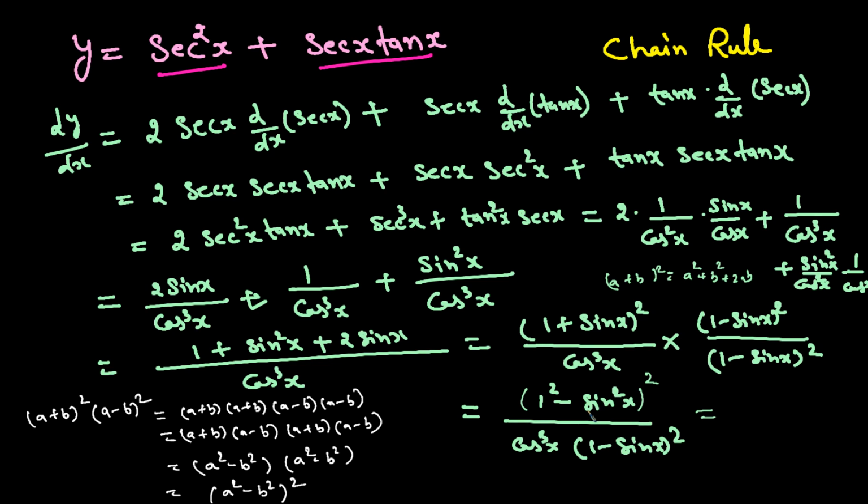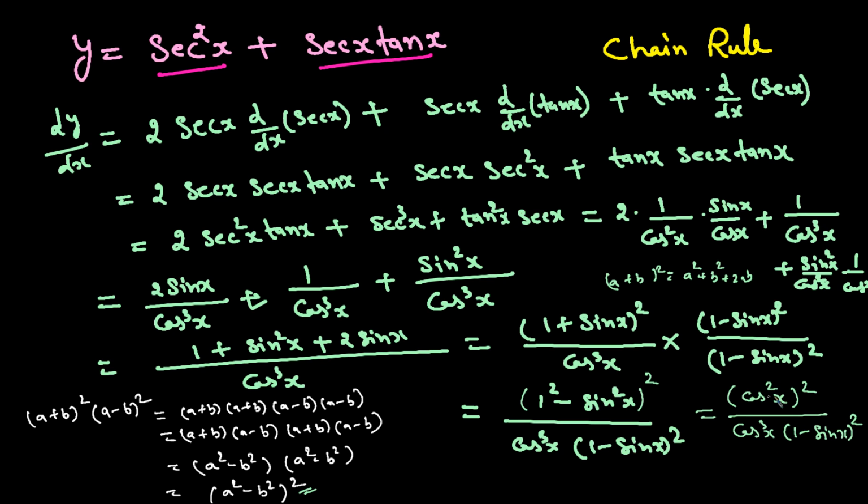Again we're going to use the trigonometric identity, which is sine square x plus cosine square x is equal to 1, and 1 minus sine square x is basically equal to cosine square x. And do not forget to put this square, this one, over cosine cube x into 1 minus sine x square.